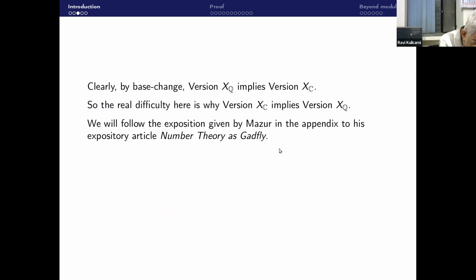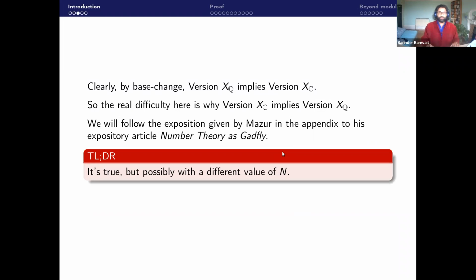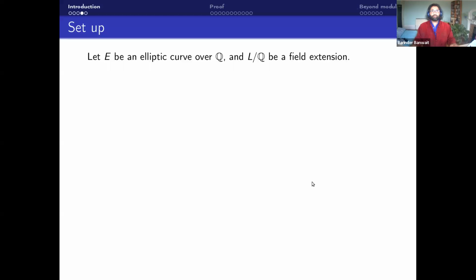So the details I'm following are in this article of Mazur in the appendix. The long story short, it is possible to do this, but with a possibly different value of n. Before getting into the proof, let me just set up some objects.